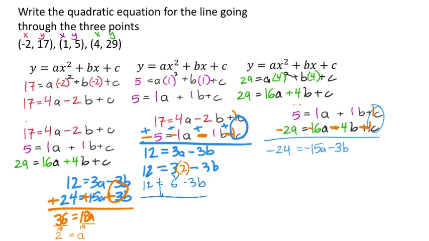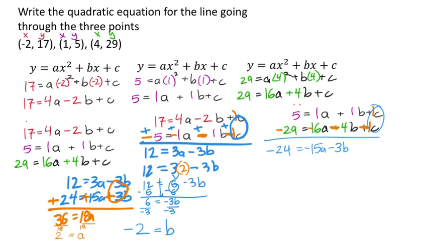And then I'd use some principles of equality to solve, so minus 6 from both sides. So I get 6 equals negative 3b. Sorry, that's kind of small. But now I can divide both sides by the coefficient of negative 3, and b equals negative 2.